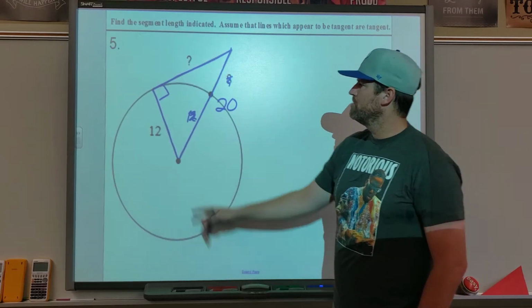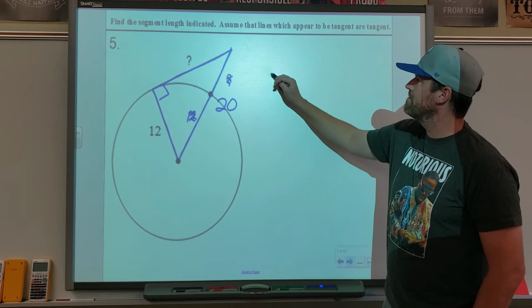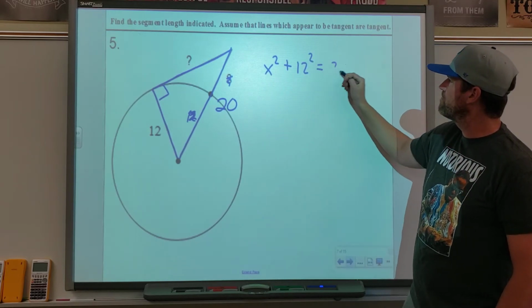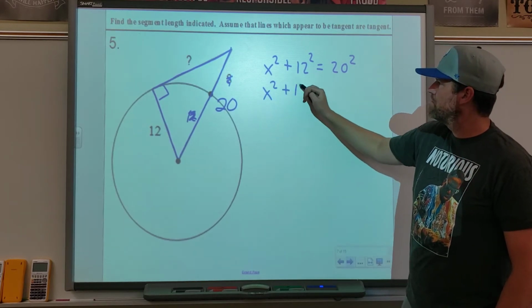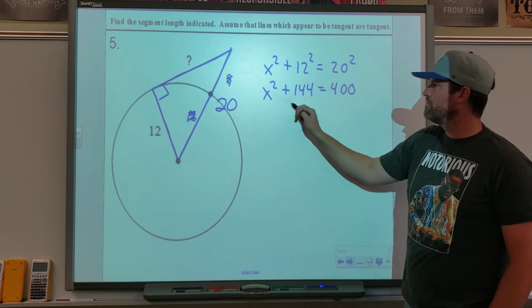So I'm going to do leg squared plus leg squared equals hypotenuse squared. Subtract 144.